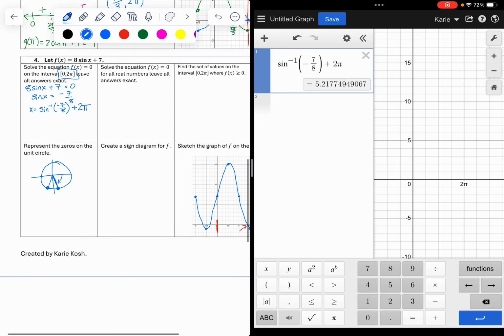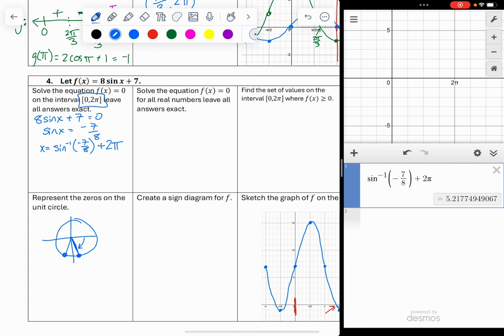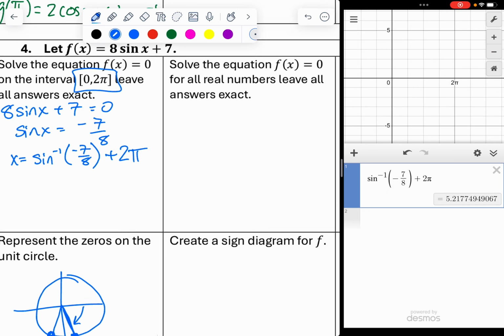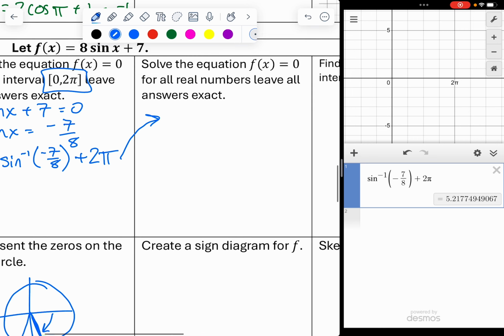But now the question becomes, one, is that the only way we could write it? And no, it's not. And two, how do I find the angle in quadrant 3? Okay, so let's make this a little smaller. Looking at this, if we want to make this for all real numbers, it says find all of them.